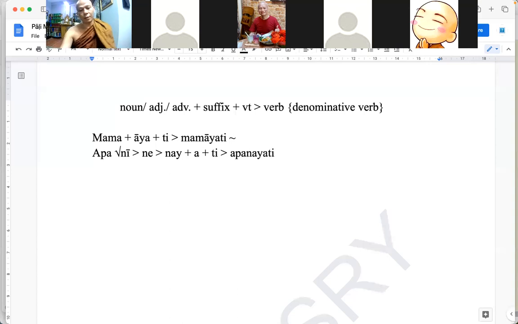From the about neyati, one time also I explained, aya is contracted as a. So that is why about neyati in this. So we have.